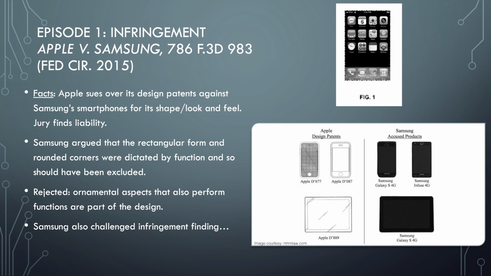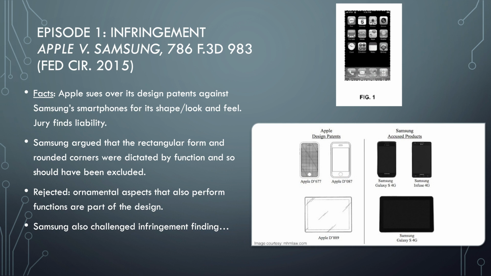Now, we're going to start shifting from spoons to iPhones. And so you see here on the next slide, Apple versus Samsung, and this is episode 1 in our infringement wars of the day. This is the Apple versus Samsung case reported at 786 F.3d 983. It's from the Federal Circuit in 2015.